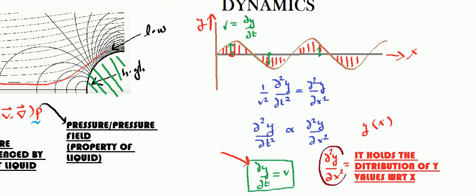That means on the left hand side, this d square y by dt square has something to do with the individual oscillator present on the rope, and this side d square y by dx square has to do with the distribution of y along the rope as the wave is traveling.